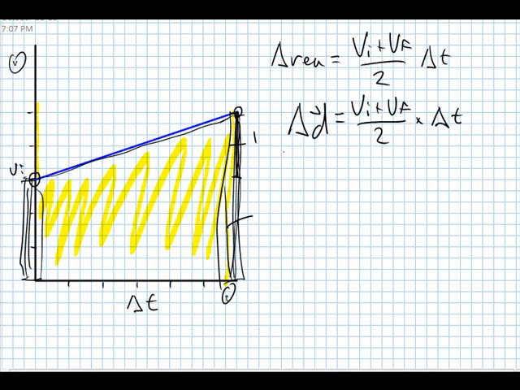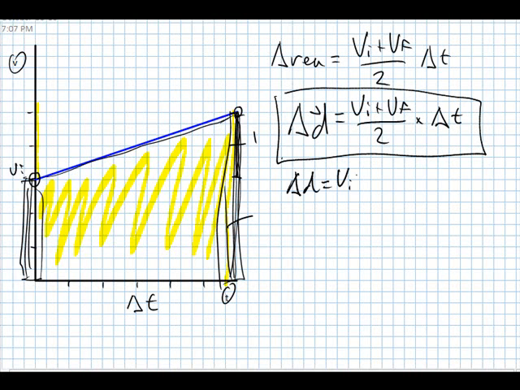To review, we have this formula, which has no acceleration term. We have the ones we've previously calculated. We have delta d is equal to vi delta t plus 1/2 a delta t squared, which has no final velocity term in it.